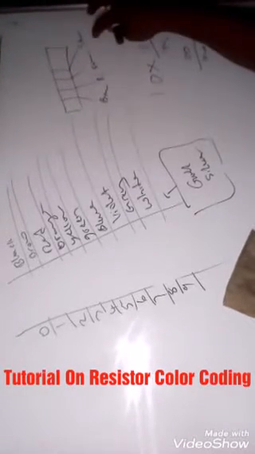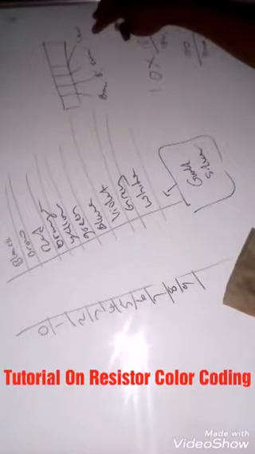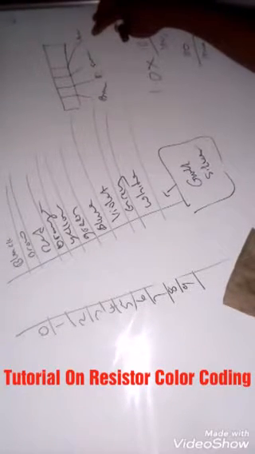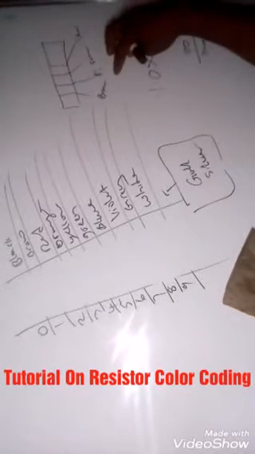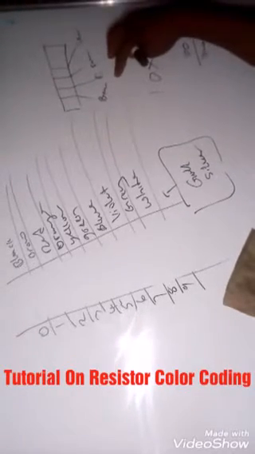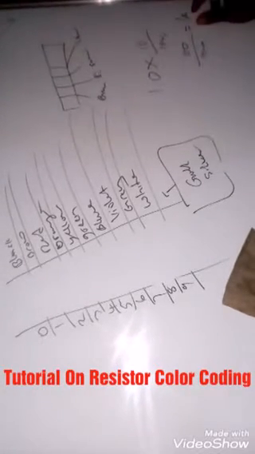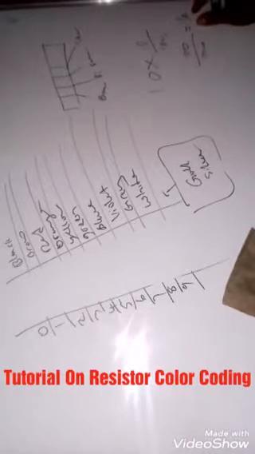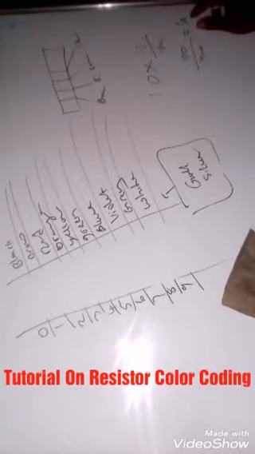But this silver here is telling us that this 1 ohm may not actually be exactly 1 ohm. It may be plus or minus 10% of 1 ohm. So when we measure this with our multimeter, we may not get exactly 1 ohm. We may get 1 ohm plus 10% of 1 ohm, or 1 ohm minus 10% of 1 ohm.